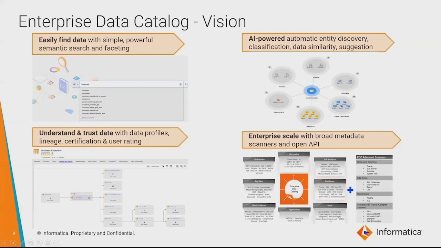The entire platform is AI powered, with automatic entity discovery and classification, like data domain discovery. We also provide scanners for a variety of enterprise data sources available in the industry. Some of those are listed here, and we also have advanced scanners that cover some of the legacy data sources as well.